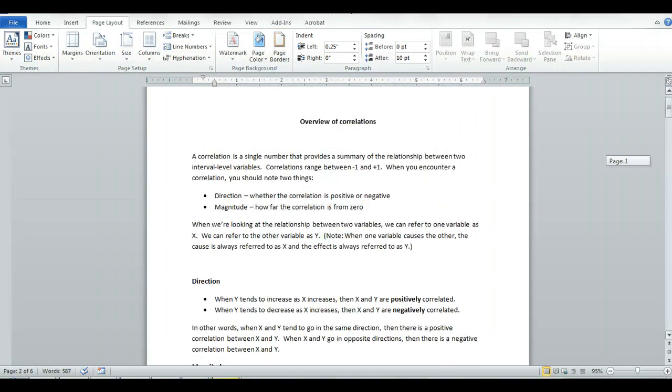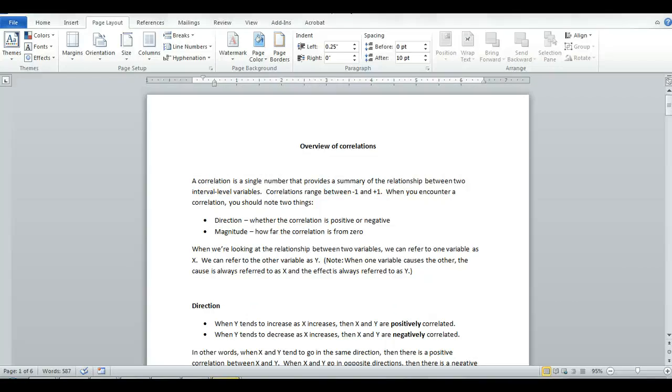So again, the correlation is a single number that is a summary of a relationship between two interval level variables. Correlations range between -1 and +1, and you should interpret them by thinking of their two aspects: their direction, whether they're negative or positive, and their magnitude, the strength, which is the distance from 0. And I mentioned there are these rules of thumb about how strong the correlation is and whether we consider it weak, moderate, or strong.